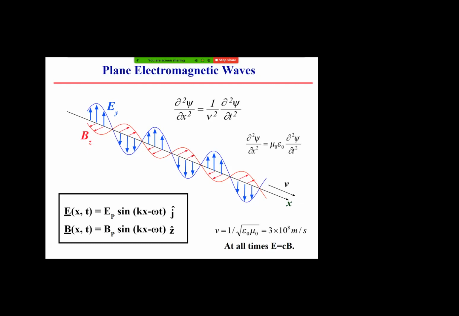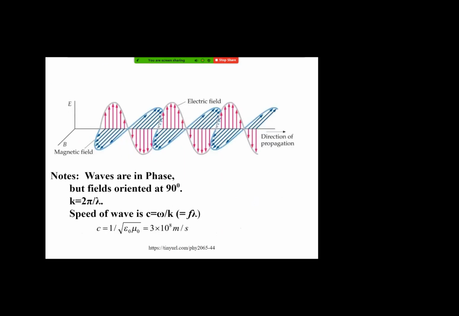The two have a very simple relationship for the magnitude. E should be equal to c times B, where c is the speed of light, because light is simply an EM wave. That is roughly 3 times 10 to the 8th meters per second. At all times this should be satisfied, because you solve the two equations simultaneously, and they both satisfy this equation, the wave functions.